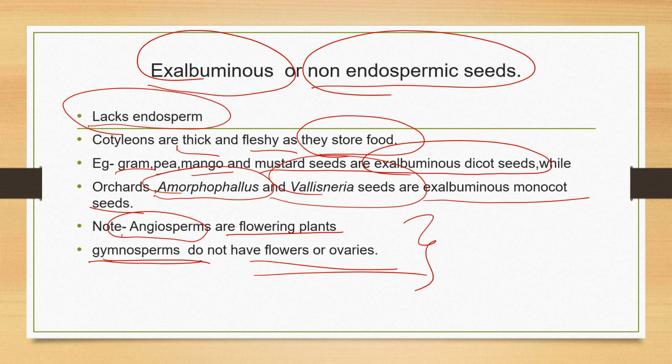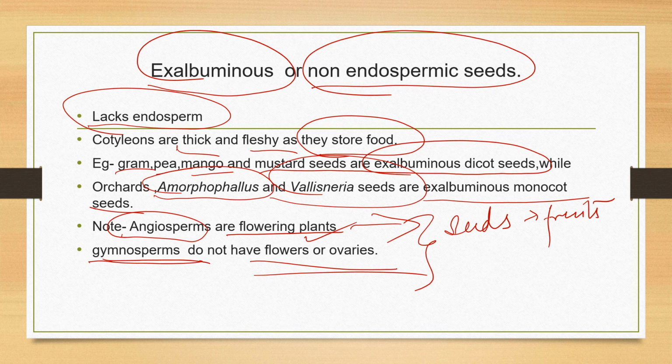So this is just a note I mentioned while teaching you this exalbuminous and it is out of this lesson, just to know that angiosperms are flowering plants and are plants whose seeds are produced inside the flowers and are enclosed in protective structure called fruits. So flowers are there and the seeds are protected inside the structures called fruits. So fruits are protecting the seeds. Now gymnosperms, they do not have flowers or ovaries.